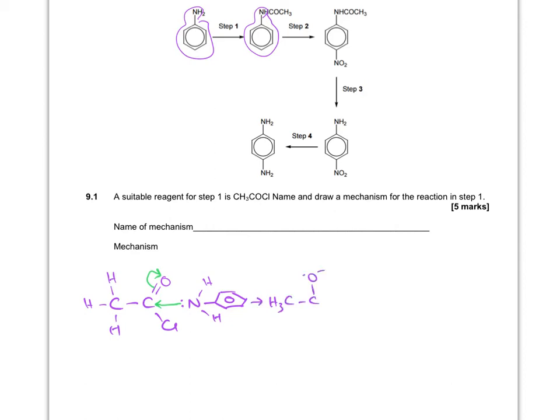So we've now got that pair of electrons from the bond on the oxygen and negative charge. Nitrogen's formed an extra bond that it didn't have before. And we've still got that chlorine. So we need to sort out all of these charges. So those electrons move back to form the double bond. That leaves, and then one of these bonds breaks in order to sort out the positive charge on the nitrogen.